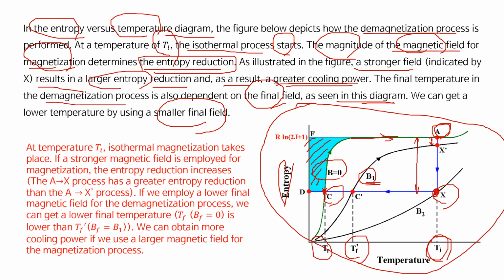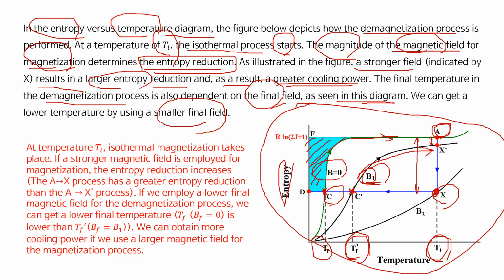On the other hand, if we use the final demagnetization field of B1, the final temperature is here, and from here the temperature will increase following this line.